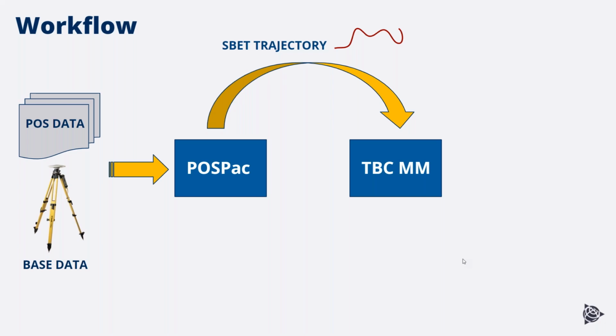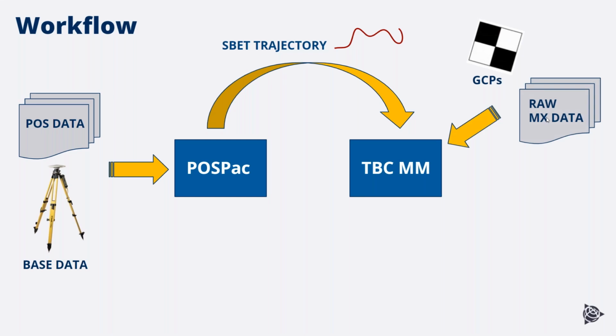We define some settings. We calculate the SBET, smoothed best estimated trajectory. And we take this trajectory information to Trimble Business Center mobile mapping module, where we use this trajectory as a foundation for point cloud georeferencing, imagery referencing, and so on. So in TBC, we take the trajectory and we also take the raw MX data, meaning everything else than the positioning data, meaning images, laser scans, and so on.